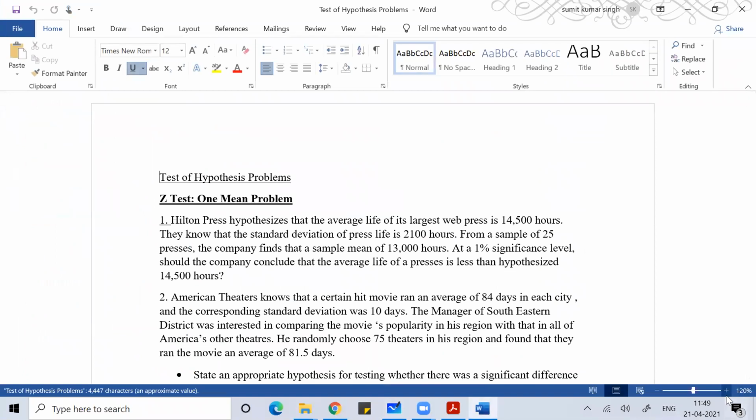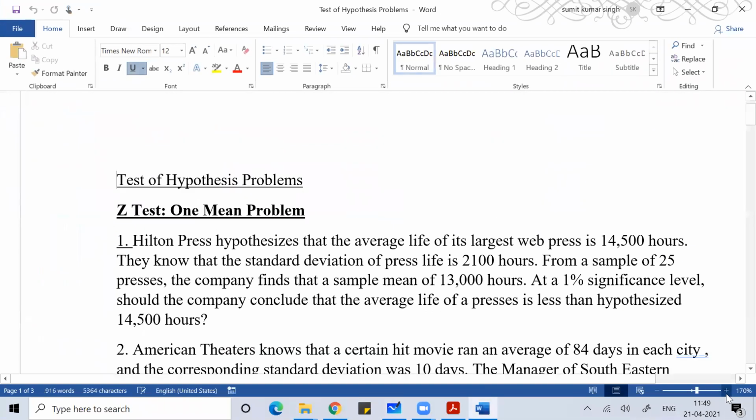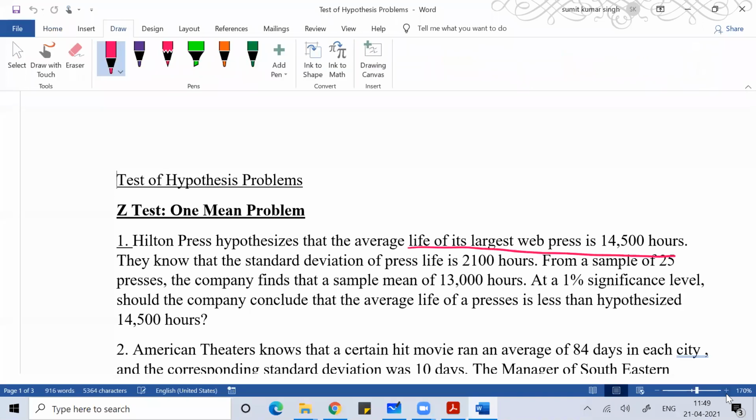Suppose you are doing a test. Some statement is being passed by some company. Maybe there's a company called Hilton Press. It says that the average life of its largest web press is 14,500 hours. So in the null hypothesis, I say that the average life is 14,500 hours. This I'll write in the null hypothesis.